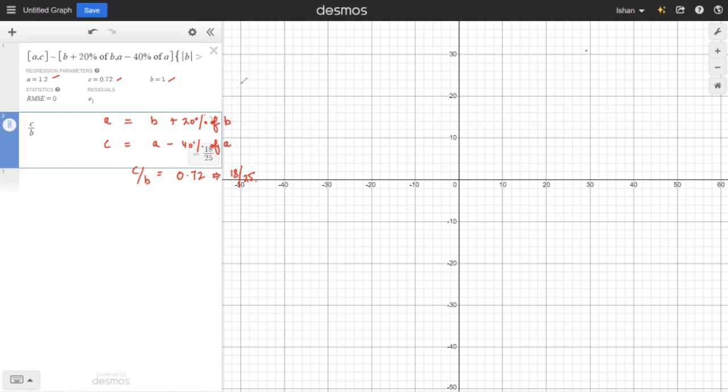For some easier calculation, you can understand this thing, that B plus 20% of B can be written as 120% of B, and A minus 40% of A can be written as 60% of A, as 100 minus 40 is 60%. So you can do the same regression with the help of these constraints also. That will also generate the same result.